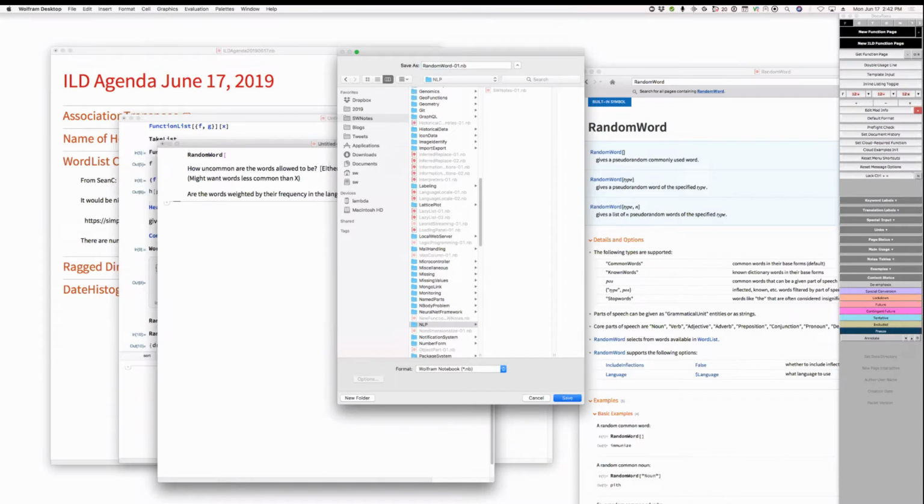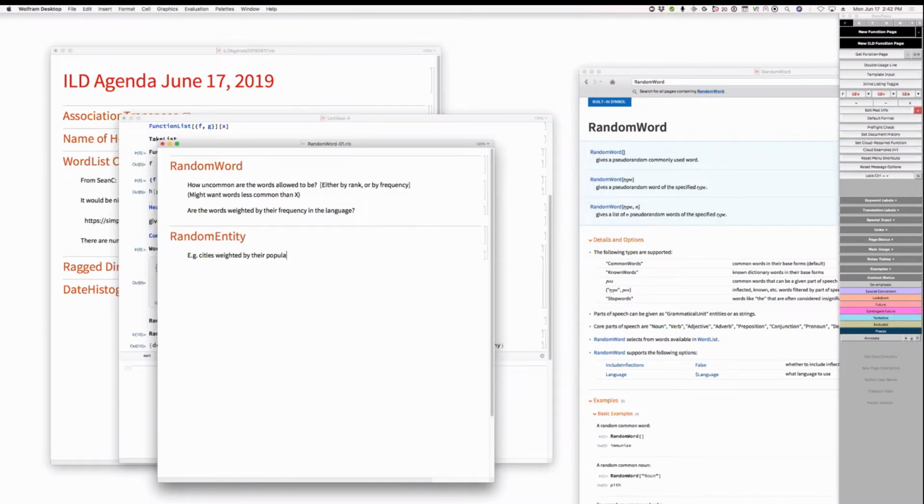Well, random entity, e.g., cities weighted by their population. That's not completely stupid. There are a number of useful properties that one could weight by, like area. So that means that random entity. So how do we find out the frequency of a word in English? We say word frequency data.